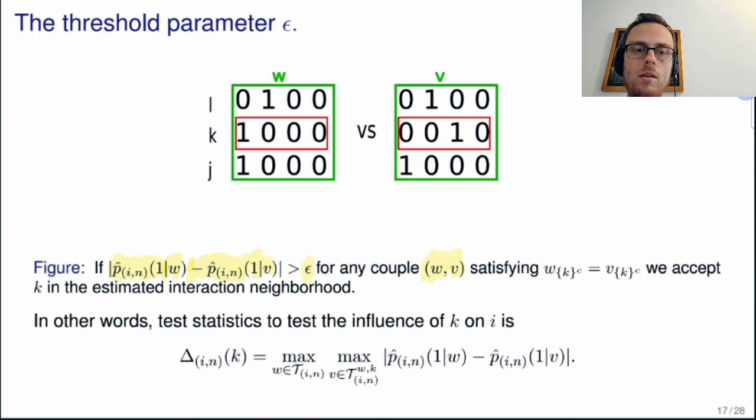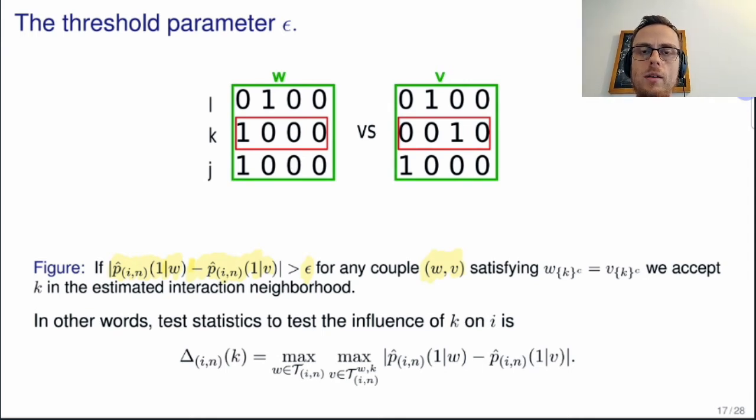So this is a very simple way of saying that neuron k is in fact influencing neuron i. In this case, it seems natural to accept neuron k in the estimated interaction neighborhood.